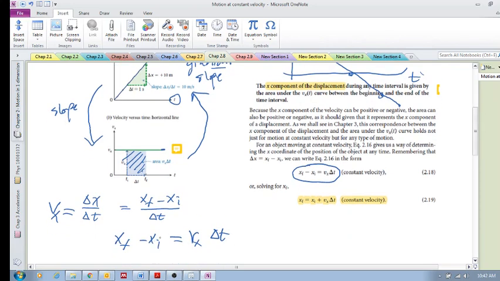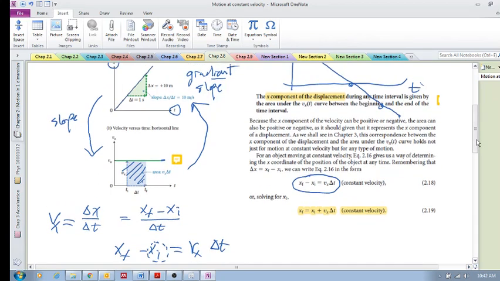So essentially, if we are given, say in this example, the initial position, there's your initial position, xi, but we want to find what is our final position. Then we essentially take the velocity and multiply it by the delta t, which is essentially to calculate the area under the velocity time curve.